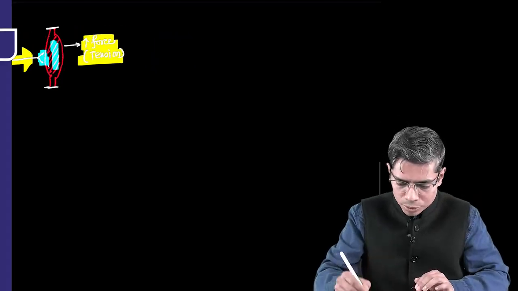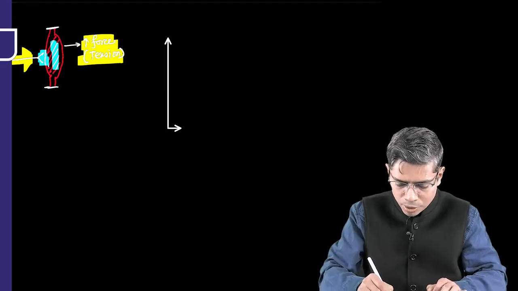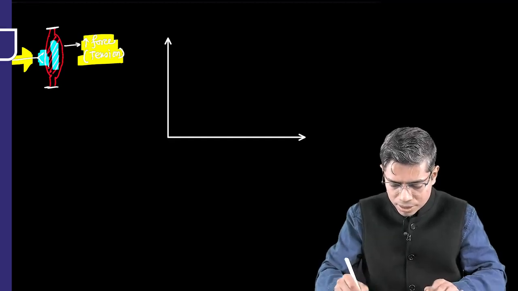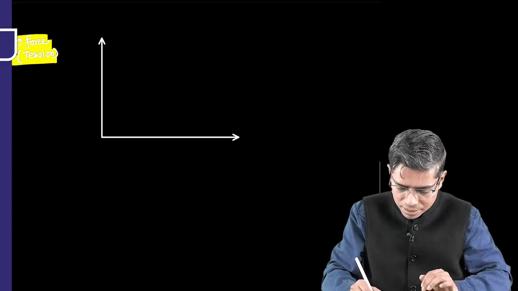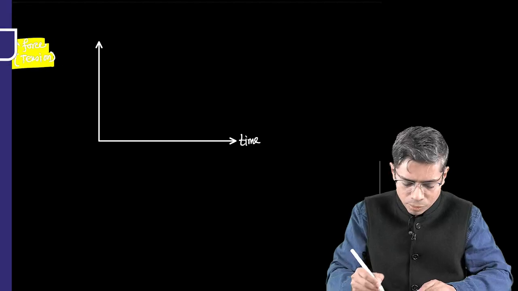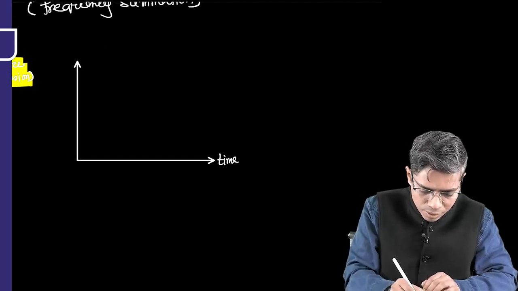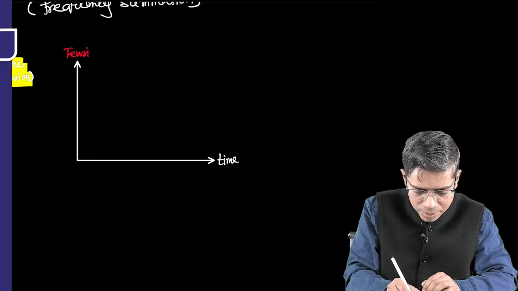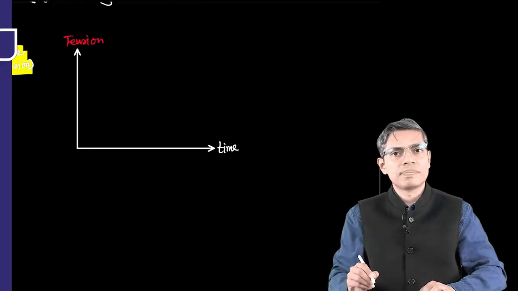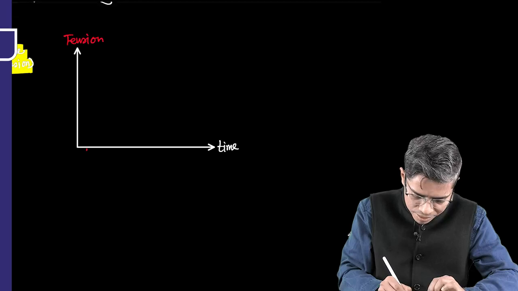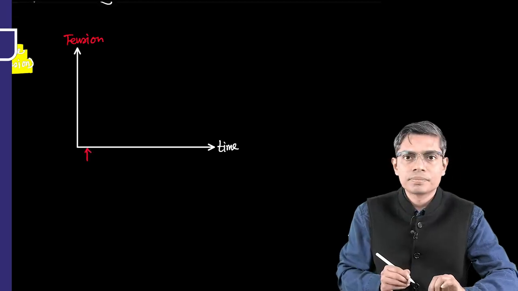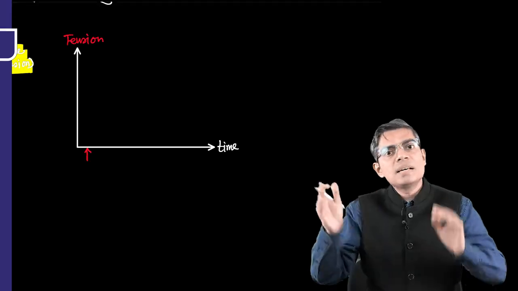So I am going to draw a plot. In this plot, the x-axis is the time axis, and the y-axis is the force or the tension generated by the muscle. Whenever I give a stimulation on this neuron, do you think that immediately the muscle will contract?